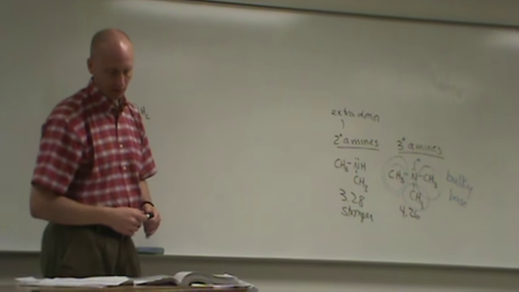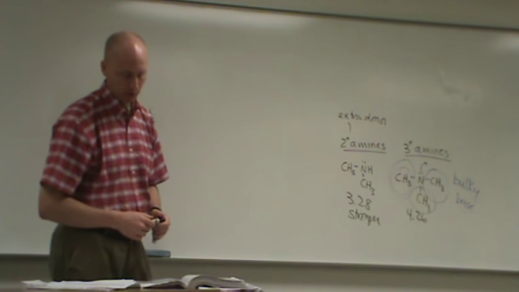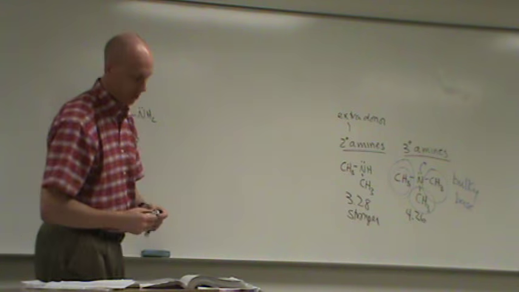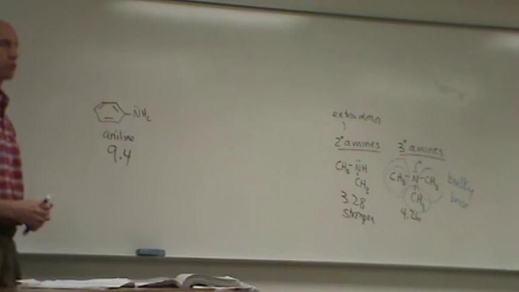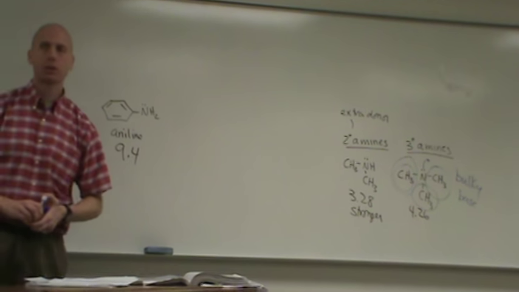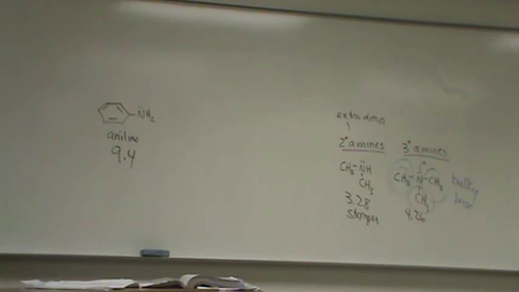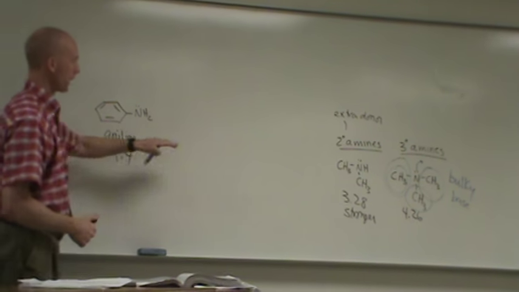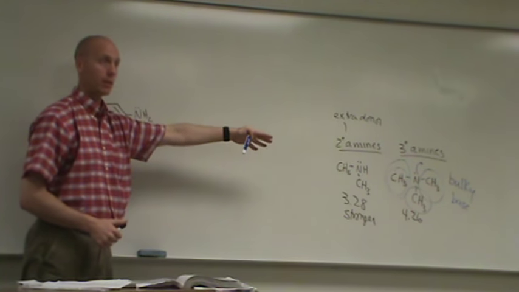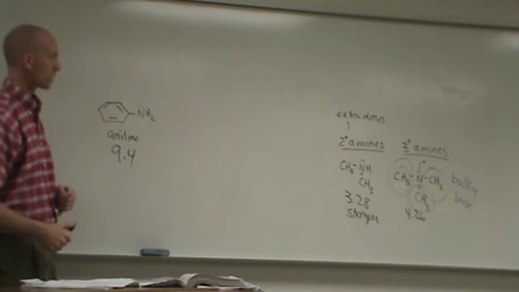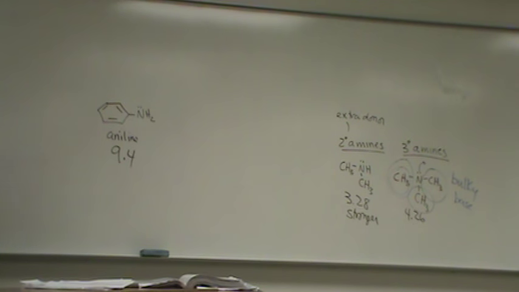Well, if you put it in the measuring device, it comes out to be 9.4. So what does that tell you? Much weaker, the opposite. It's turning out to be a much weaker base than these, even the tertiary amines. Any idea as to why that's the case?